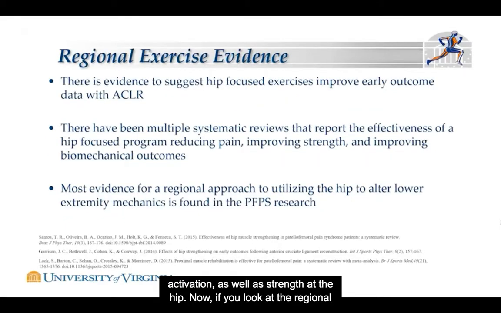Now, if we look at the regional exercise evidence, there's evidence to suggest that hip-focused exercises improve early outcomes after an ACL reconstruction. There have been multiple systematic reviews that report the effectiveness of hip-focused programs in reducing pain, improving strength, and improving biomechanical outcomes after surgery or for rehabilitation of patellofemoral problems, knee pathologies, and ankle pathologies.